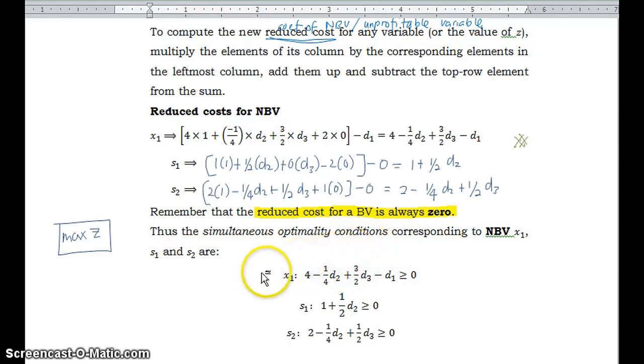That's why we need to set all the coefficients, or reduced costs, of every NBV as greater than or equal to 0. We need to make sure that all coefficients in optimal row 0 are non-negative.